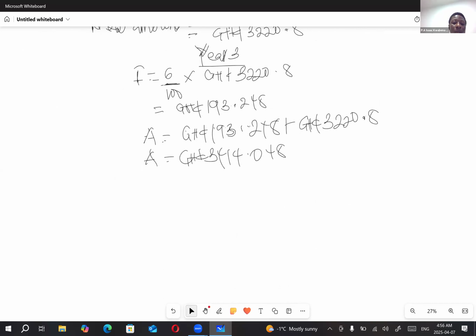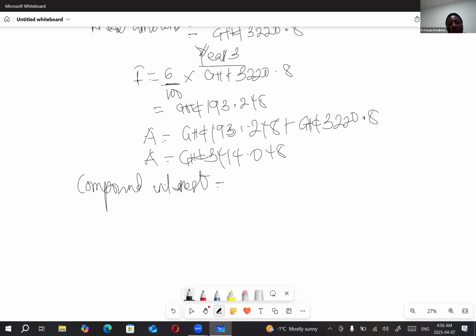So we'll just say that compound interest will be equal to amount minus initial principal. You can use your own words by saying starting principal.